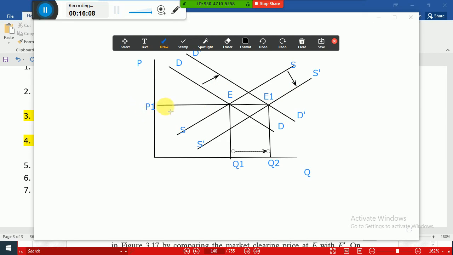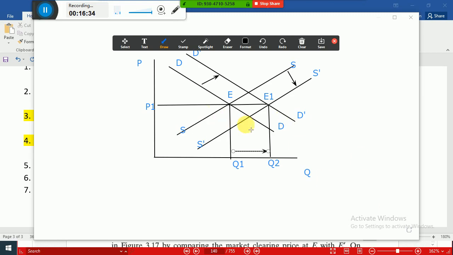Price may decrease or increase from P1 to a new level depending upon the magnitude of change in demand and supply. We may discuss this case later when we assume that both demand and supply increase but not equally.